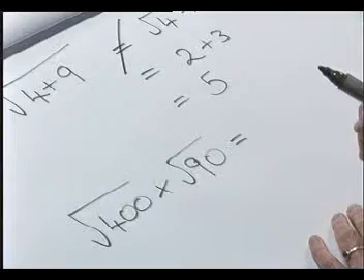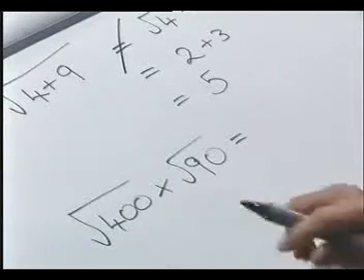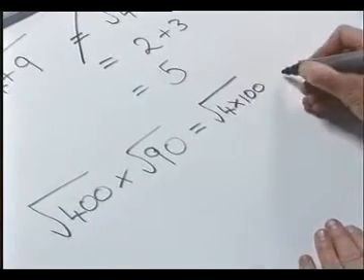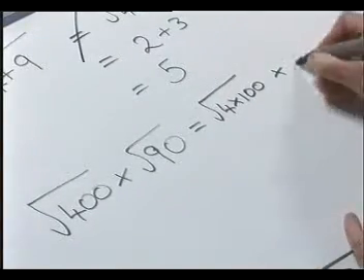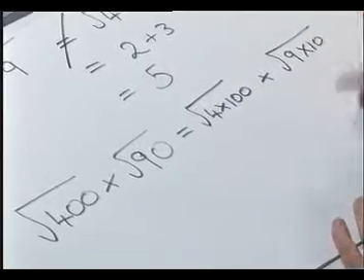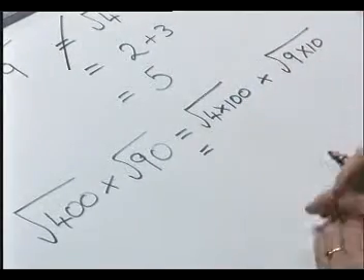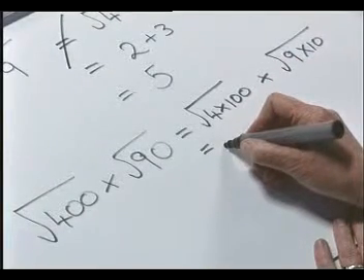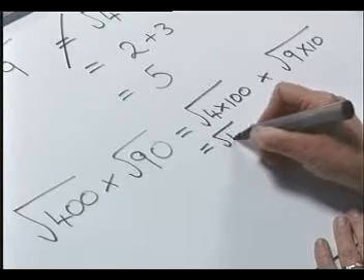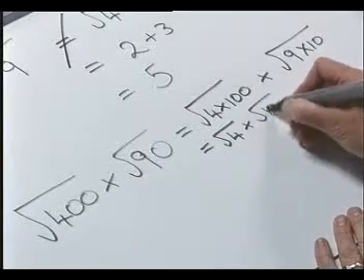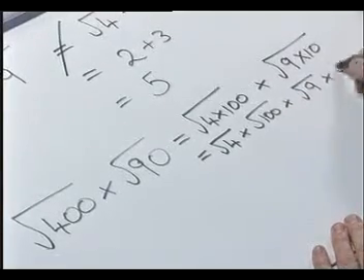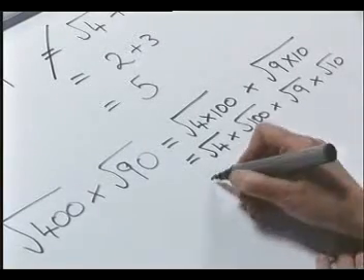And this helps us to rewrite these square roots. We can write the square root of 400 as the square root of 4 times 100, and the square root of 90 is the square root of 9 times 10. Then we expand out and we say that this product, and the square root of that product, is the square root of 4 times the square root of 100 times the square root of 9 times the square root of 10.